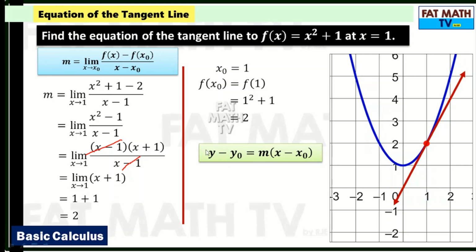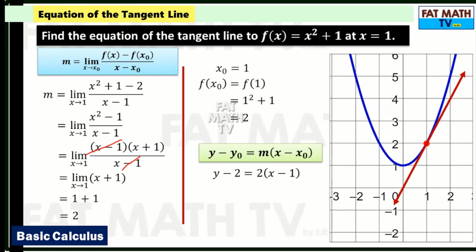Let's substitute the values. y null is 2, m is 2, and x null is 1, as given. You can already have this as your final answer if your teacher asks you to write the equation in the point slope form of the equation of the line.